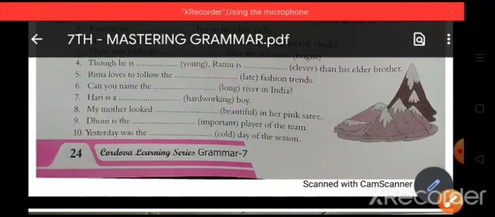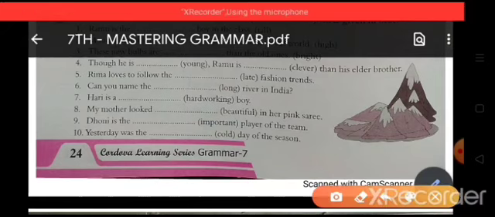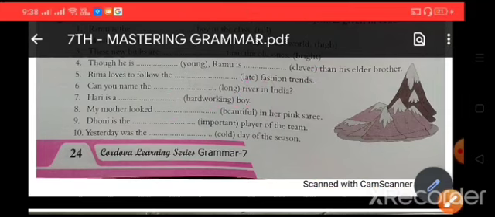My mother looked dash beautiful in her pink sari. My mother looked beautiful in the pink sari. Dhoni is the dash player of the team.